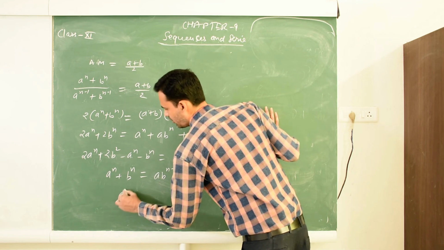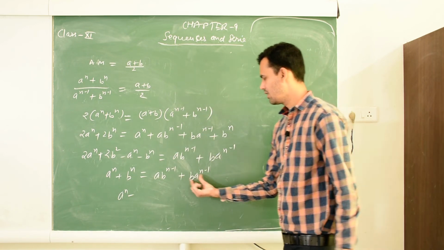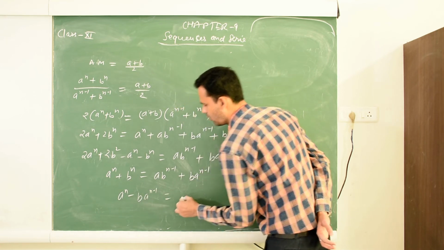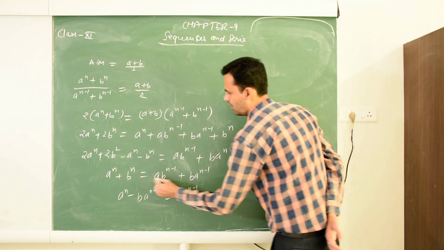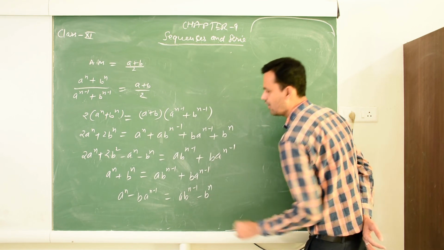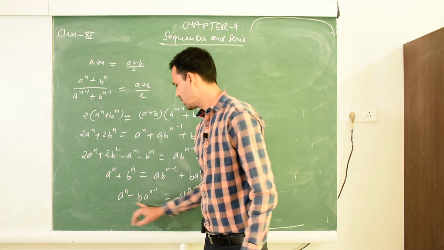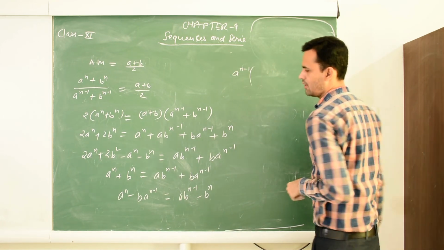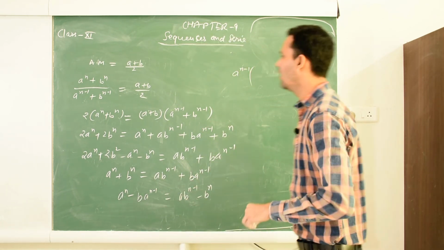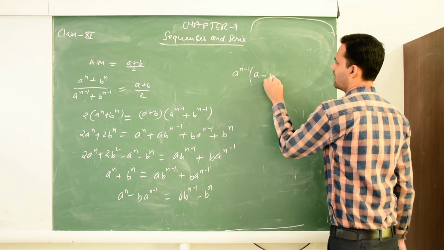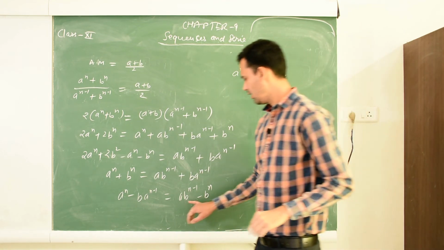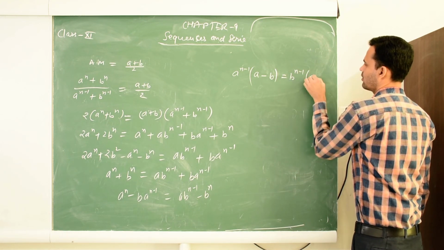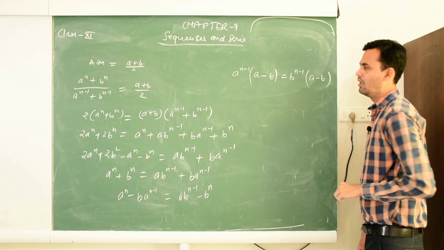Now if we take this term to the LHS, then we get b a to the power n minus 1 equals a b to the power n minus 1 minus b to the power n... in these two terms we take a to the power n minus 1 common, then we get a minus b, and in these two we take b to the power n minus 1 common, so we get a minus b.